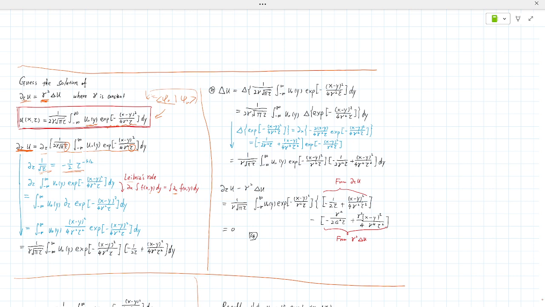So we can just put the d tau inside of here, and then directly act upon the exponential, which is trivial. Using the chain rule, the exponential doesn't change, and 1 over tau becomes negative 1 over tau squared, and then the negative sign cancels out.